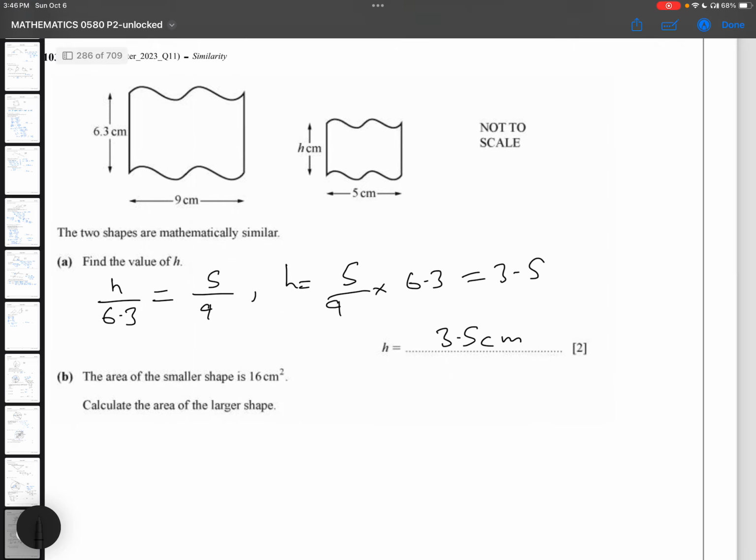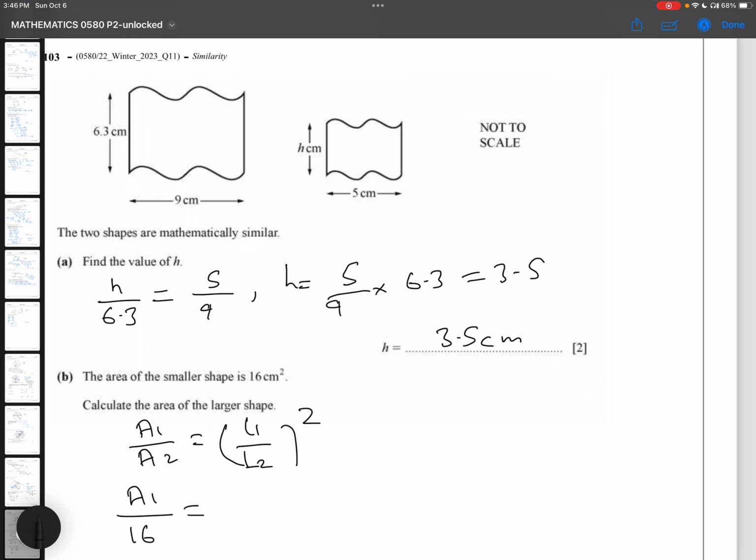Now the area of the smaller shape is 16 centimeters square. We need to calculate the area of the larger shape. So we know the area formula between similar figures, that is A1 upon A2 is equal to L1 upon L2 whole square. Let A1 be the area of the larger shape, divided by A2, the area of the smaller shape, that is 16. So now L1 is the length of the larger shape.